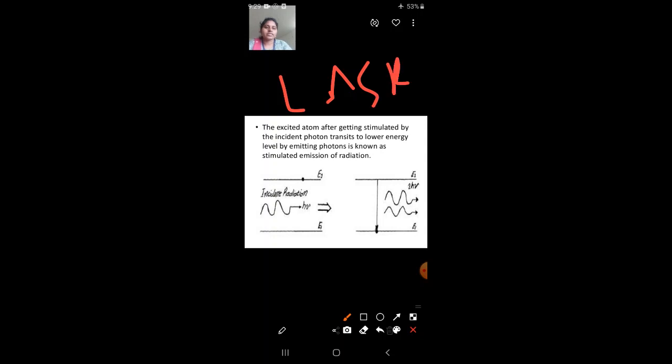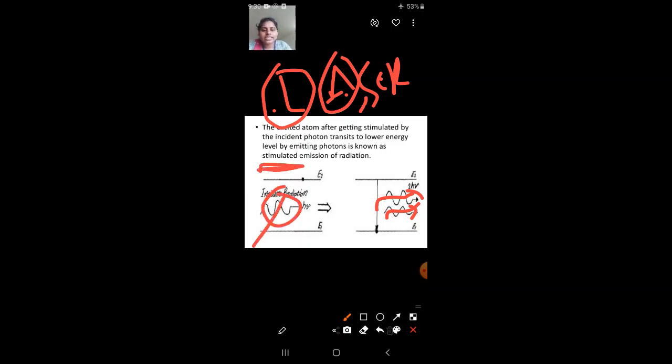Laser means what? Light amplification. Here the rays mean light rays, amplified: light amplification. Stimulated here means giving energy; externally you have to supply some energy, this is stimulated. And emission means emitted radiation.